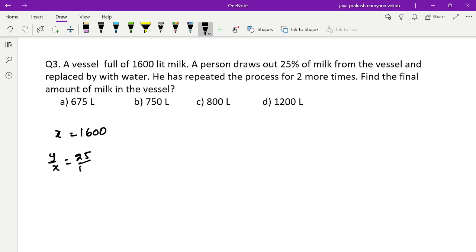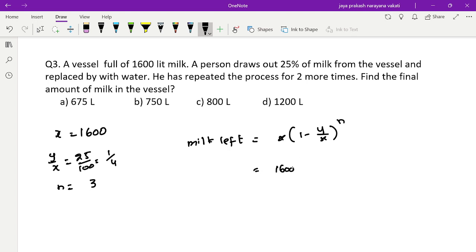25% means 25 out of 100, which is 1 upon 4. So he's taking out 1/4 of the part and he is replacing it. So y upon x is given, and n is total how many times he has repeated the process: 2 more times, so total 3 repetitions. So according to our formula, milk left, again I'm writing the formula guys, milk left equals x into 1 minus y by x whole power n.